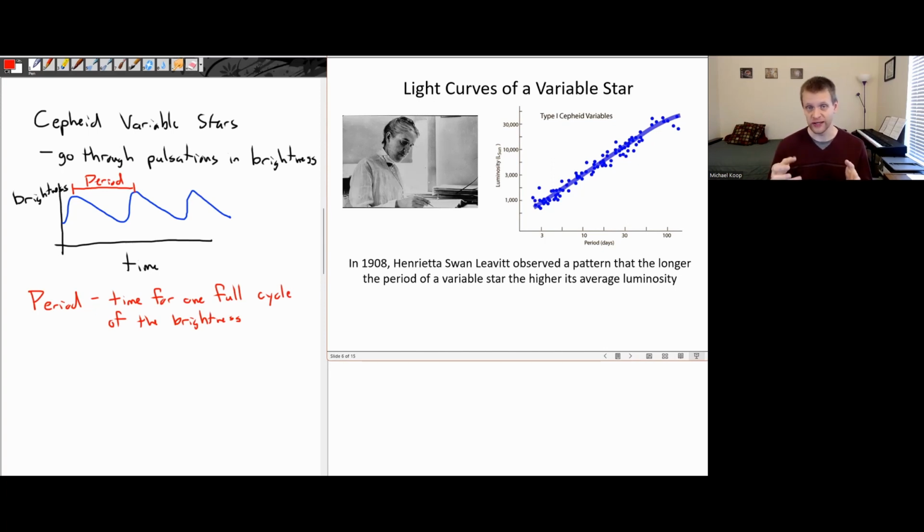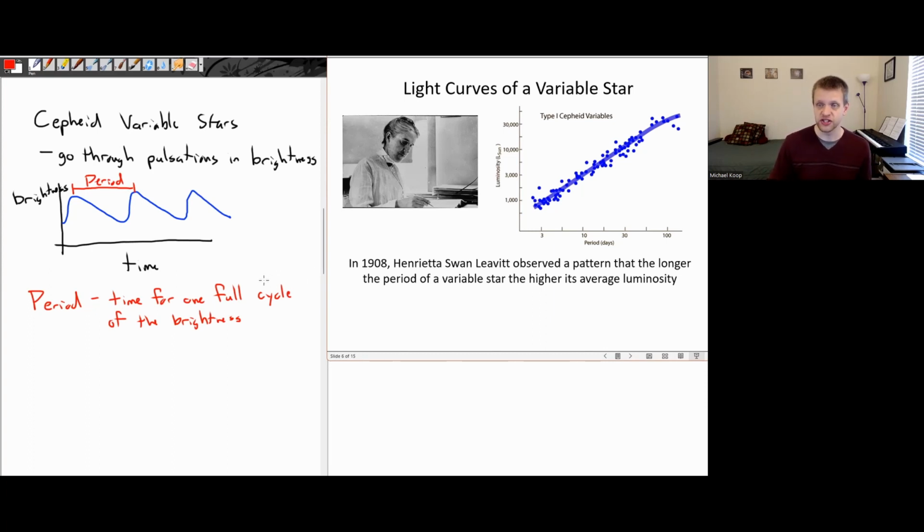Basically, there were no electronic computers at the time, and groups of women were hired to go through all of the data, to be making those measurements over the course of a night when telescopes were taking a lot of photographic plates of the sky. The next day, groups of women would go through and measure the brightness of all those stars. And Henrietta Swan Leavitt was one of the astronomers who was doing this kind of a job.